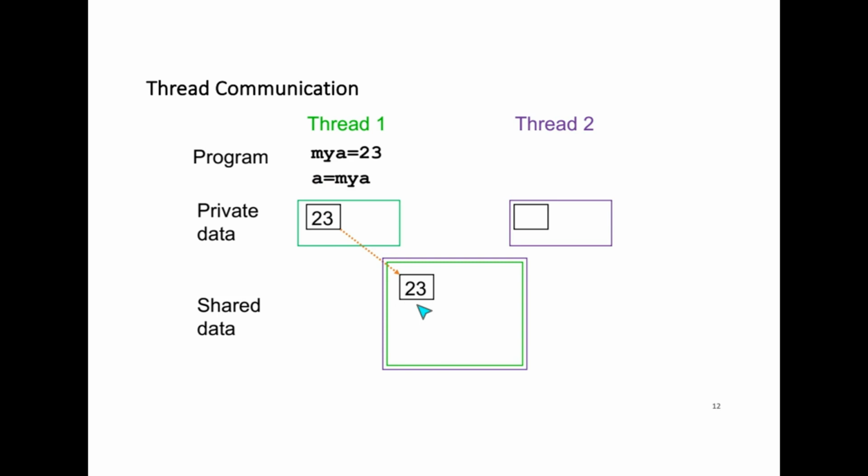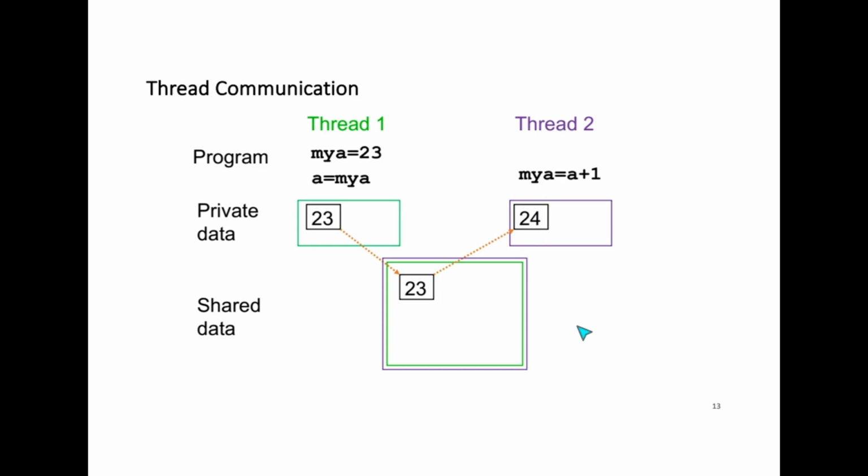Then sometime later, thread 2 can read the value of A from the shared data space and do something with it. In this case, thread 2 is going to add 1 to it and store it in its copy of myA, which lives in its own private data space.